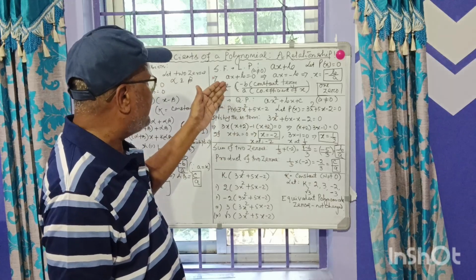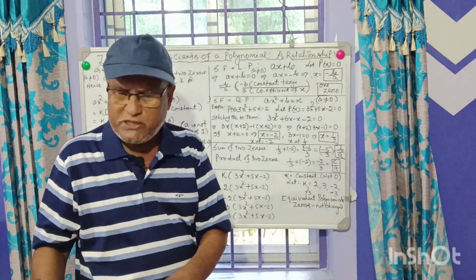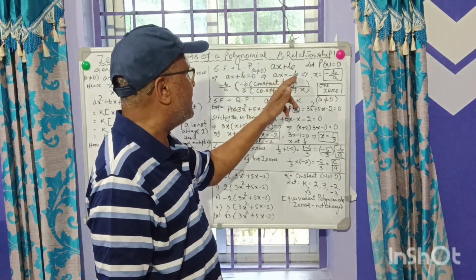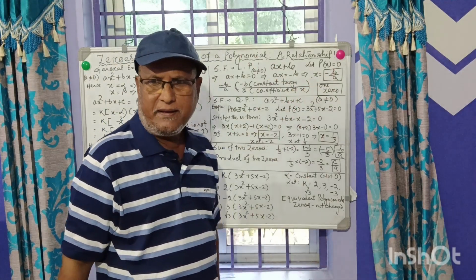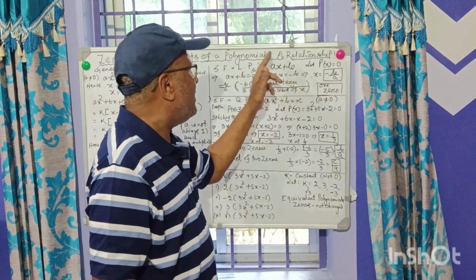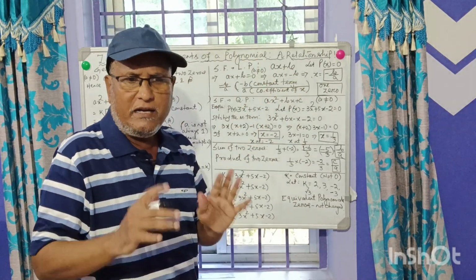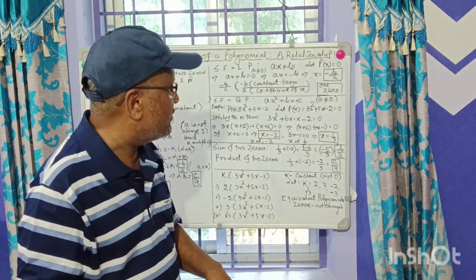So we can write ax plus b is equal to 0. By transposition, ax is equal to minus b and x is equal to minus b by a. And x is the zero of the polynomial. A linear polynomial has only one zero, that we have already discussed.